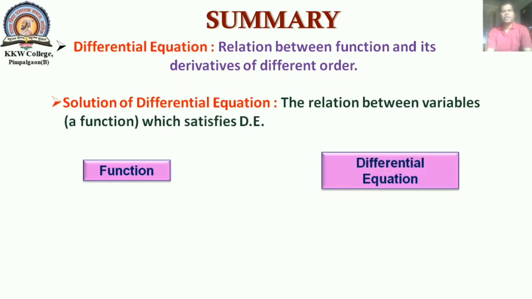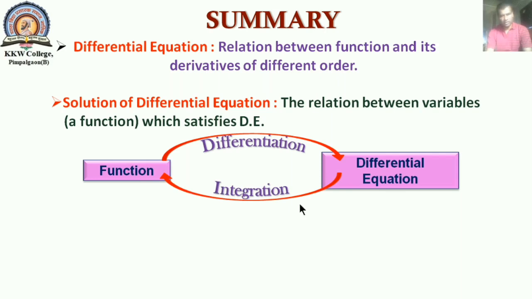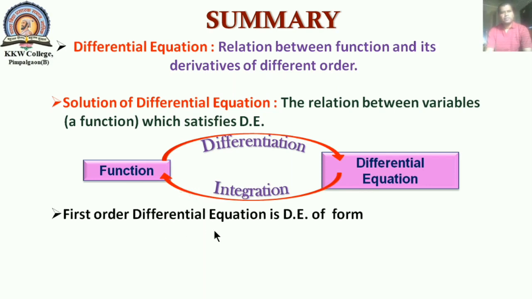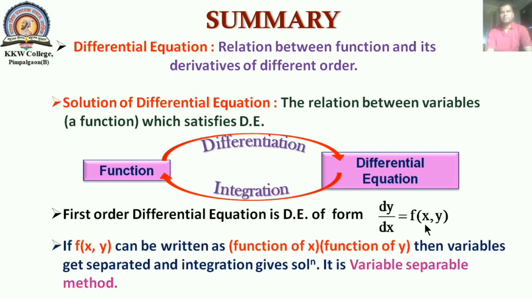From the function, to find the differential equation, we differentiate the function, and from the differential equation, to find the function, we integrate the differential equation to get the function, the solution of the differential equation. A first order differential equation is said to be variable separable if it is a product of a function of x and a function of y.